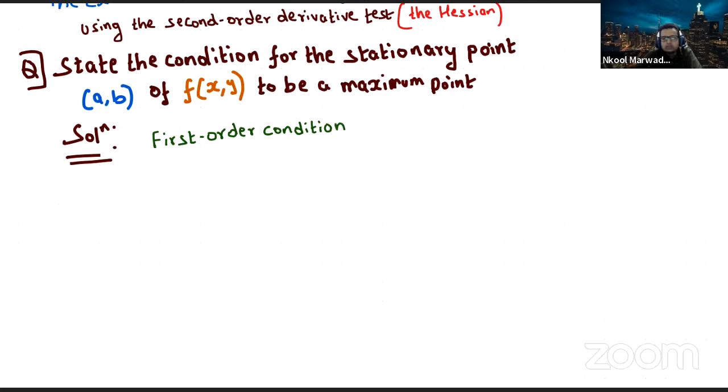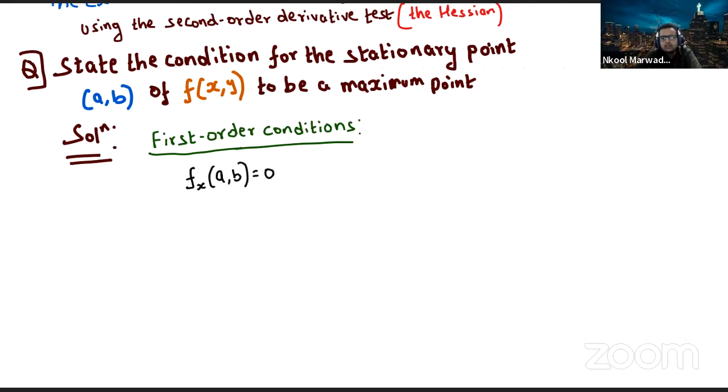So the first order condition states that f_x(a, b) should be equal to 0.